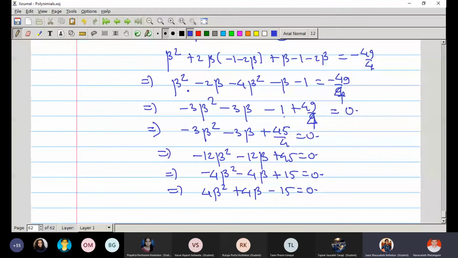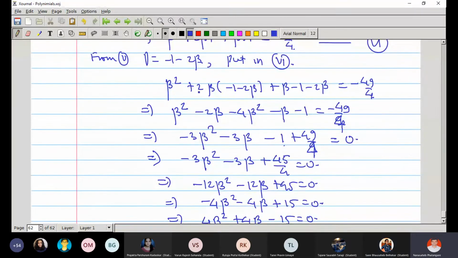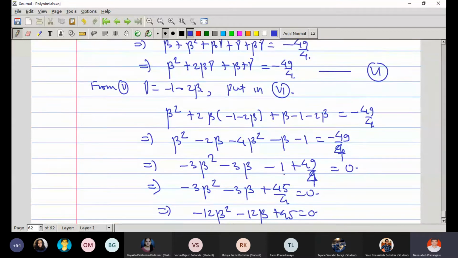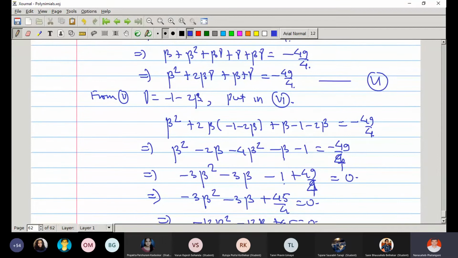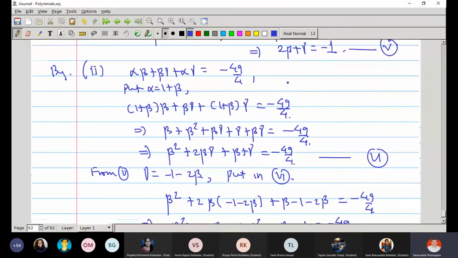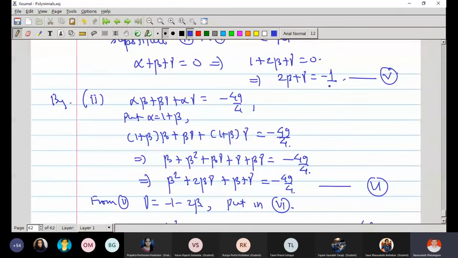Okay, let me check. The sixth expression is correct: beta square plus 2 beta gamma plus beta plus gamma. Is the fifth correct? 2 beta plus gamma is minus 1. Is it correct? Yes, sir.